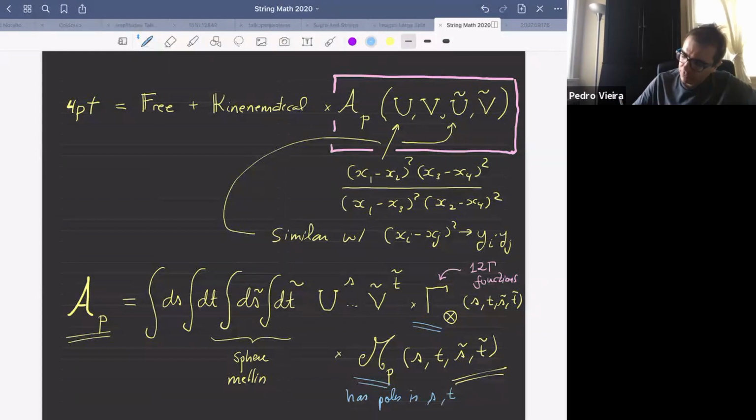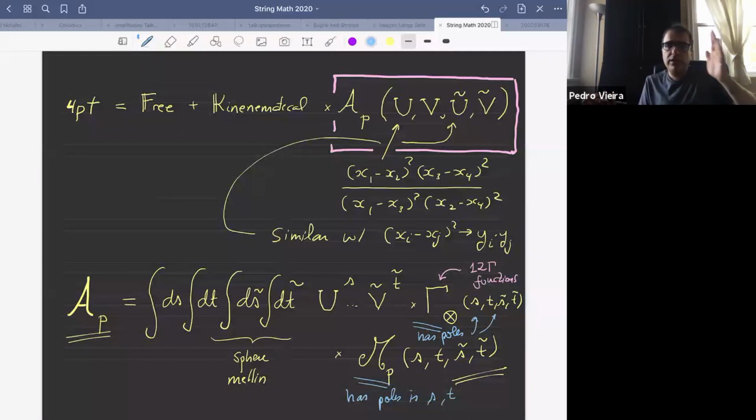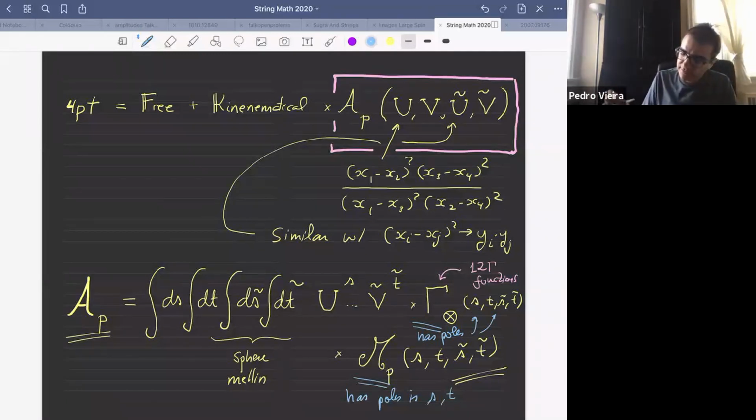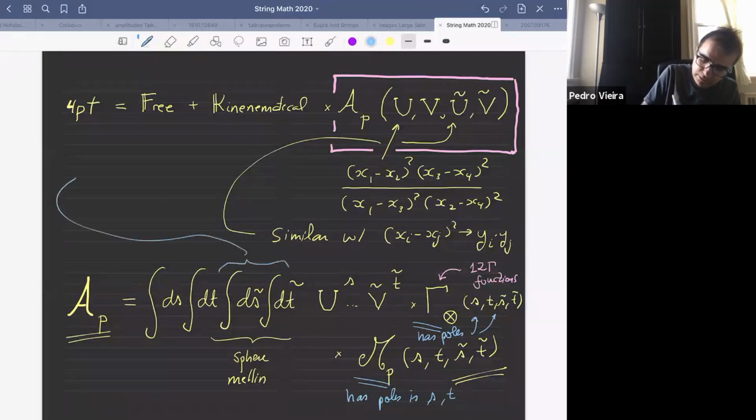And this one has poles in all variables. And so what happens is that when you write this integral, first the poles in S tilde and T tilde transform these sums here. This integral becomes a discrete sum, if we pick the poles.